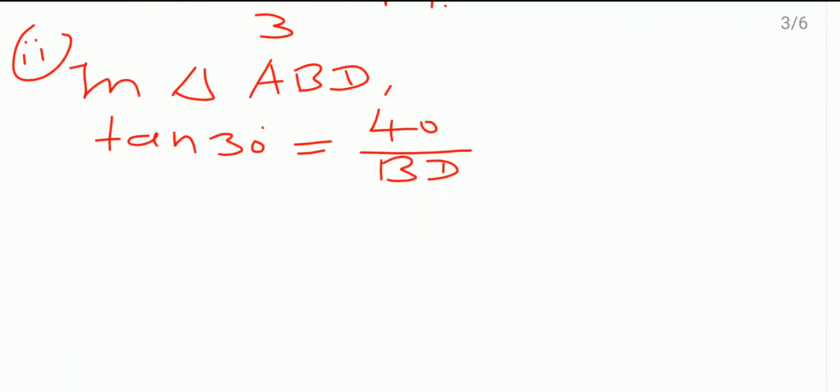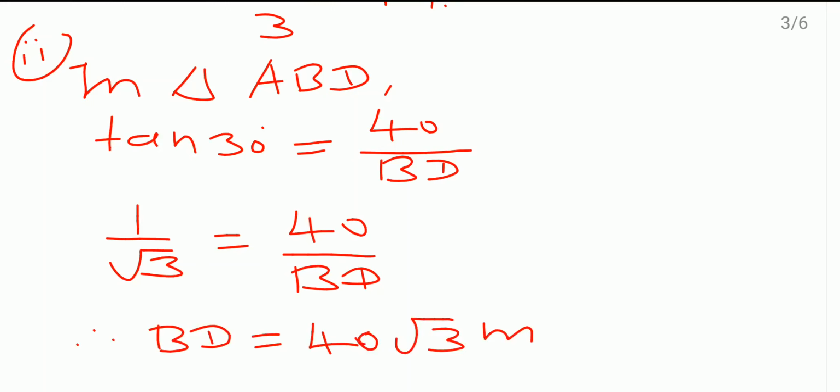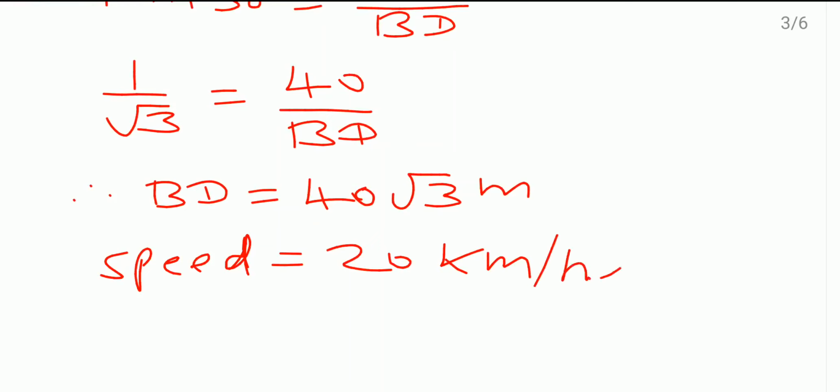Now tan 30 we know is 1 upon root 3, which is equal to 40 by BD. Therefore BD is equal to 40 root 3 meter. We got the distance of the boat from the lighthouse. Now they have given us the speed, so speed is equal to 20 kilometer per hour.